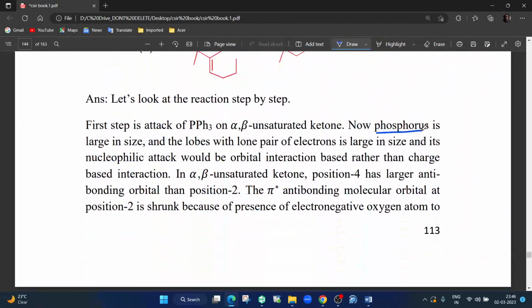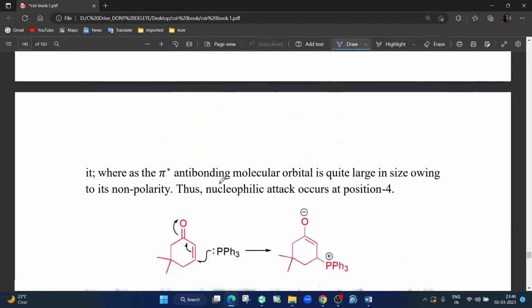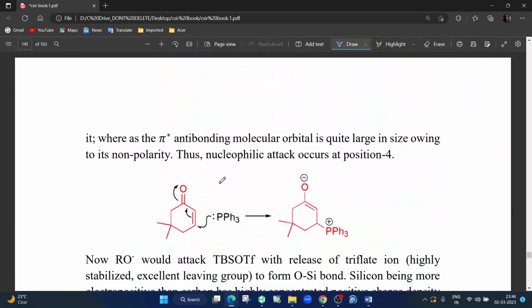Phosphorus is large in size and has a lone pair of electrons, and its nucleophilic attack would be orbital interaction based rather than charge based interaction. Yeah, I will come to it. Basically, phosphorus does not have concentrated negative polarity.